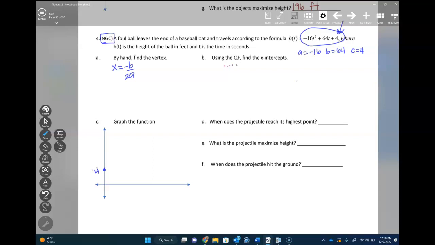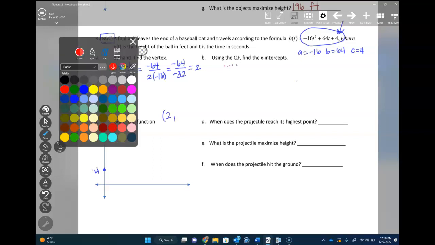So what's the opposite of B in this example? Good. Over 2 times negative 16, which is negative 32. So negative 64 over negative 32, which is just what? 2. That's the x value for your vertex.